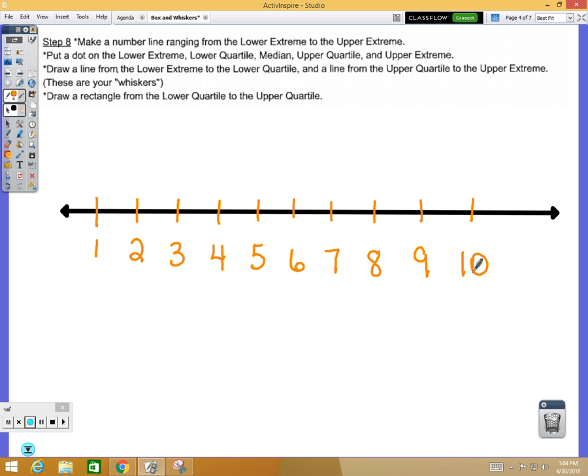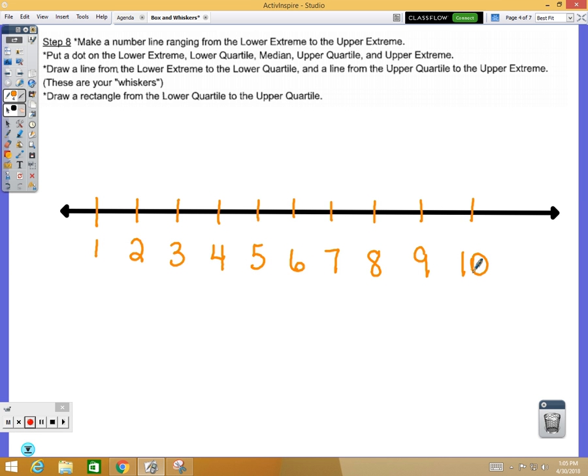For instance, the 3 was not one of my original numbers. But on a number line, we need to have all numbers represented. So from the smallest number, 1, to the highest number, 10, we need to have all numbers in between on the number line. Okay, so make a number line ranging from the lower extreme to the upper extreme.